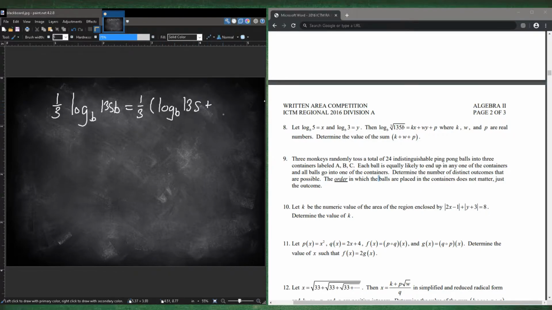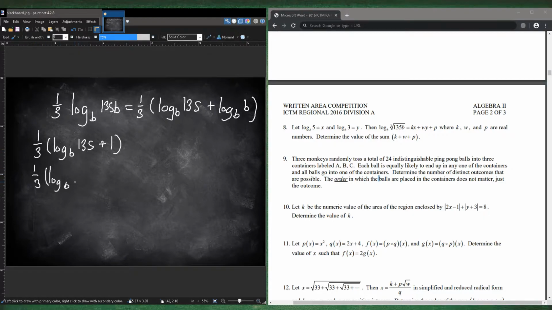log b of b. These are just some log rules and properties you need to know. So that tells us 1/3 of log b of 135 plus log b of b, which is just 1. And then what's 135?